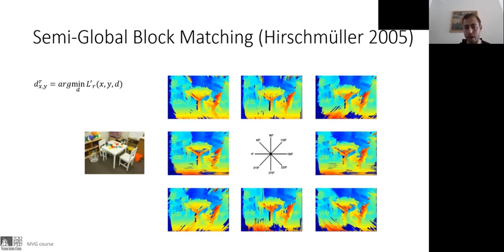And then if you see what the costs are trying to do, let's try to average the different costs and get a solution that is smooth in all directions.